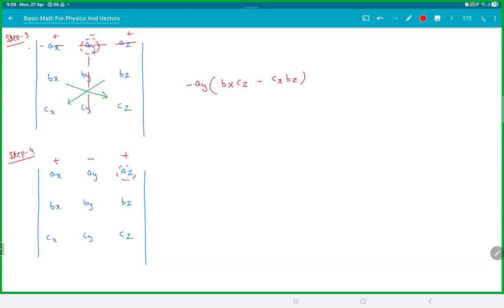Plus minus plus. Now we will choose AZ. This row and column are gone, so we will do these two. You get AZ into BX CY minus BY CX. You got the three terms. Now add all the three terms and that's your answer.